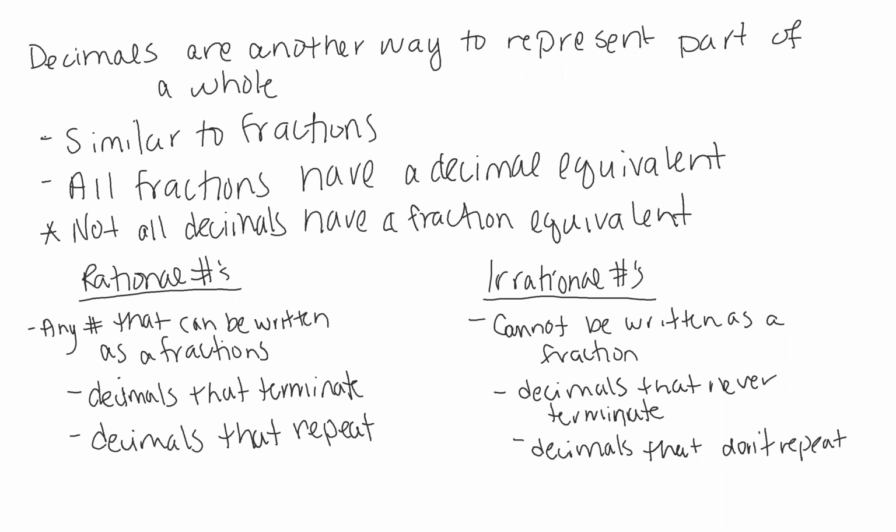So your irrational numbers are going to be like the number pi, the number e, square roots that are not perfect squares, so like the square root of 2, the square root of 11, those would be your irrational numbers, okay? So for the most part, we deal with rational numbers, rational decimals at this point.